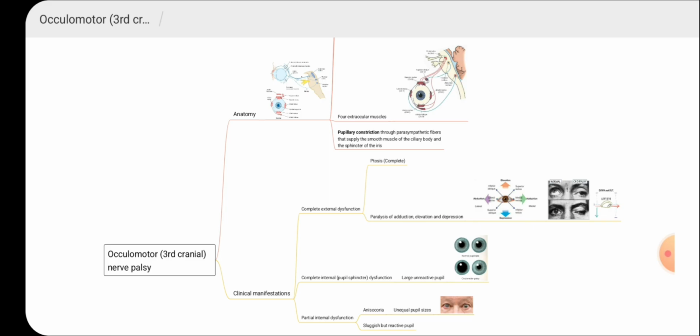And the clinical manifestations of oculomotor nerve palsy can be categorized into 3 categories: complete external dysfunction, which causes complete ptosis and paralysis of adduction, elevation and depression; complete internal dysfunction causing a large unreactive pupil; partial internal dysfunction causing anisocoria or unequal pupil sizes, and a sluggish but reactive pupil.